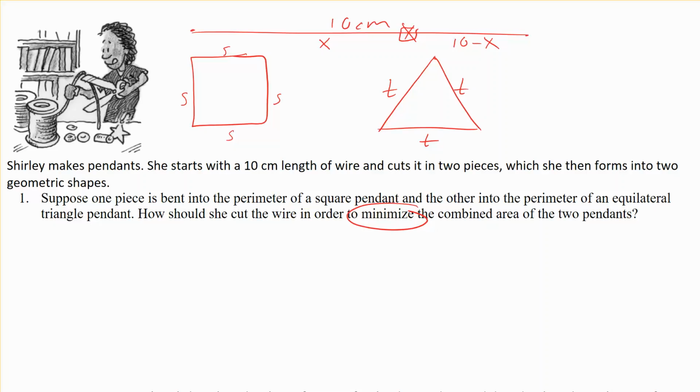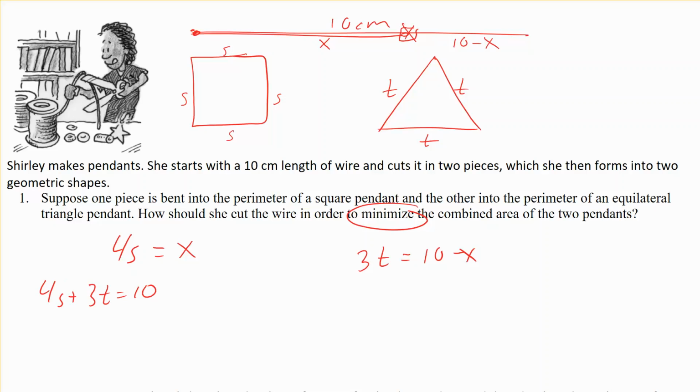The perimeter of the square is 4s, and that's going to be equal to my x. Does that make sense? And then this perimeter, 3t, is going to be equal to my 10 minus x. So there's my perimeters and my wire, I guess. So 4s plus 3t equals 10. That makes sense.